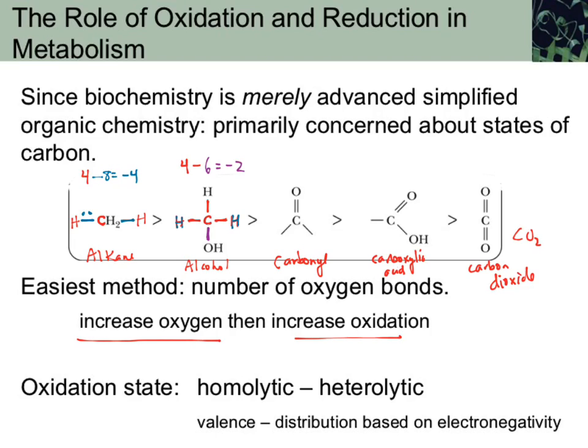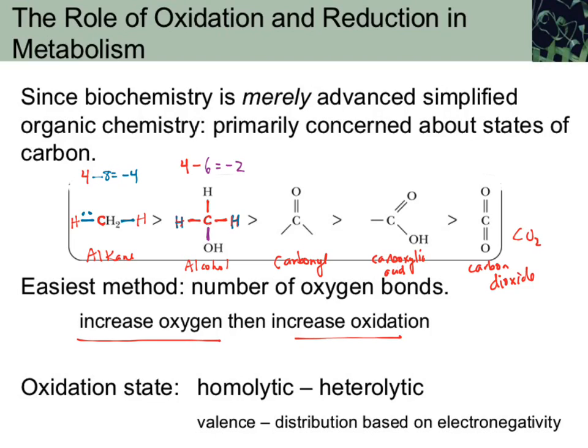It lost electrons. That's why it became more positive. By losing electrons, it was an oxidation reaction. Look at what happened to the number of bonds to oxygen. Oh, they increased. So our formula makes sense for how we calculate this out. Kind of makes sense? Okay.